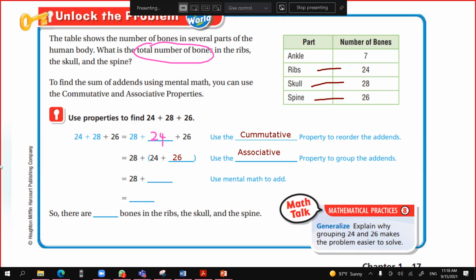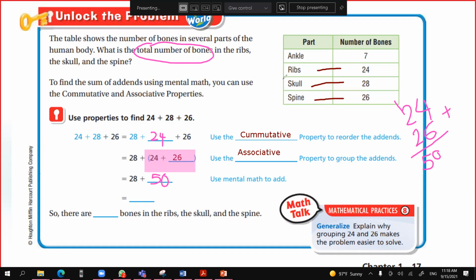Now, let's continue. Let's add them first here. 24 plus 26 is 4 plus 6, 10. 2 plus 2 plus 1, 5. Fifty.